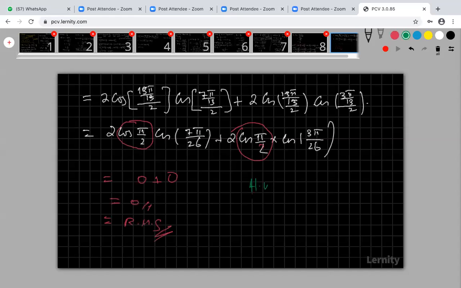Miscellaneous exercise problems. Completed miscellaneous exercise. Those are the homework problems today.